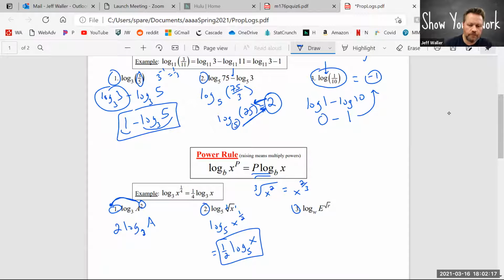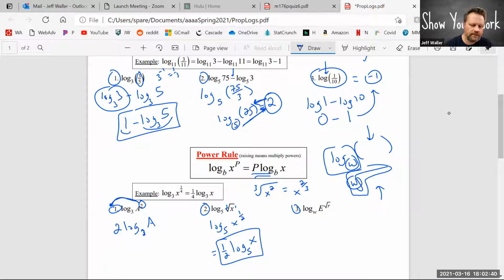No, careful. This is like this. Or even, let's make it more specific. This is like that. So that base is a part of the function. That number is a part of the function. And then I put stuff into it.